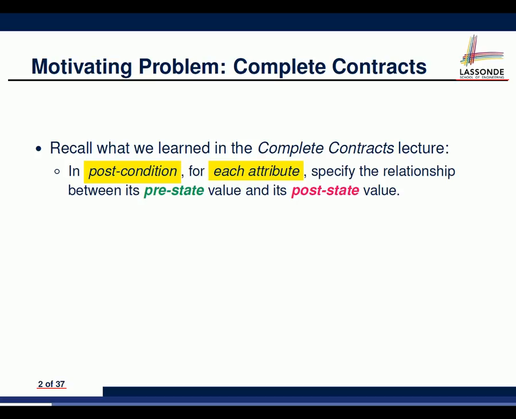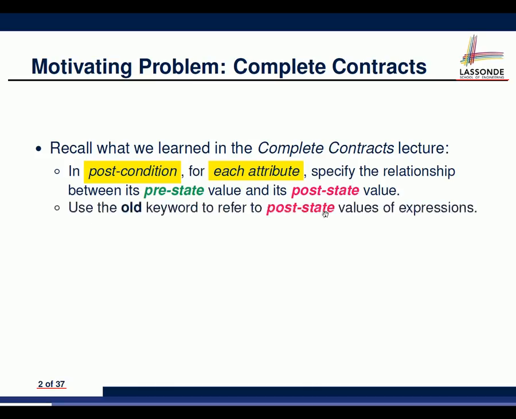So it's a relation between pre-state and post-state. That's a principle we want to always remember. And the use of the O keyword is really important. But for now, I assume you are comfortable with that lecture, so we're simply going to use deep twin for the O keyword for the completeness reason.